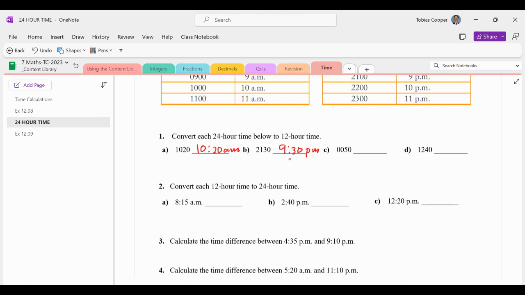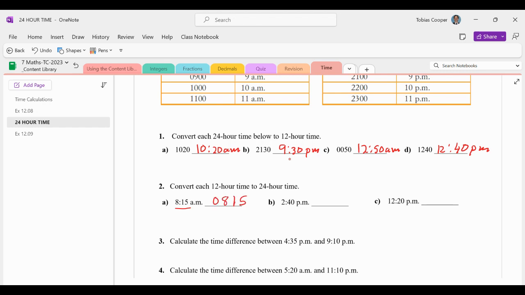Now 0050 is 50 minutes after midnight, which means it's going to be 12:50 AM. And 12:40 is 12 hours and 40 minutes after midnight, so that's 12:40 PM. Now we're going to convert these 12-hour times to 24-hour times. Now this is 8:15 AM, so it's in the morning. So it's 8 hours and 15 minutes after midnight.